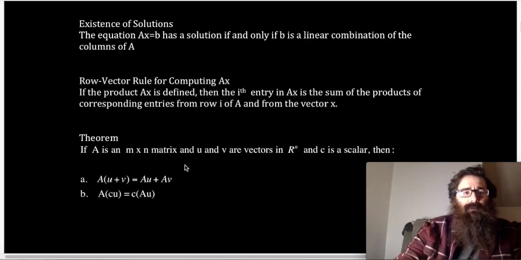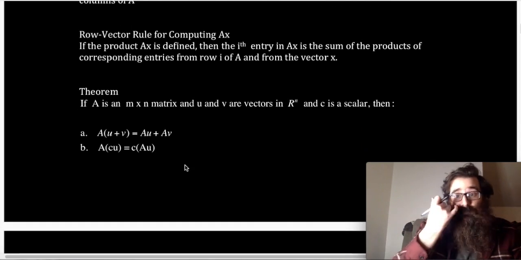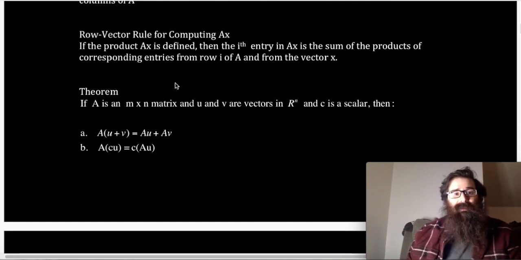And then just a theorem to take a look at really quick before we jump into some problems. We have if A is an m by n matrix, and u and v are vectors in vector space Rn, and c is a scalar, just some real number, then we get the following properties. So here I have matrix A times, in parentheses, vectors u plus v, so u and v being added. Here I have a nice distributive property. I can multiply in the matrix from the left, so I get A times u plus A times v.